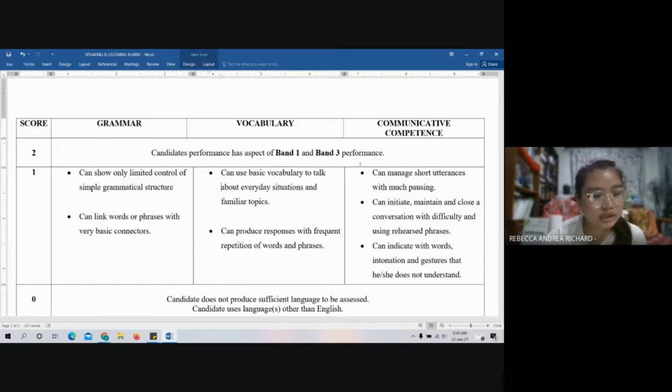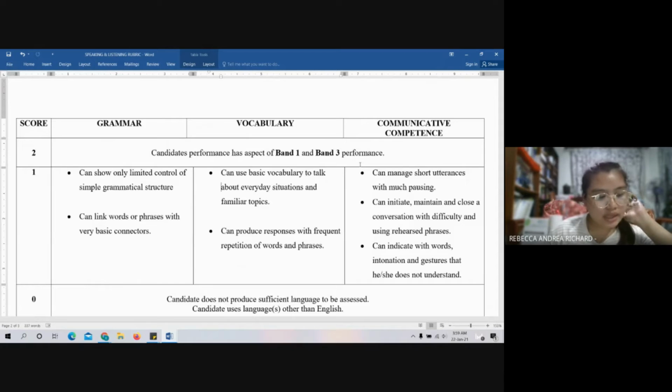The examiner will make their assessment independently by using the appropriate scales, which is our rubric.